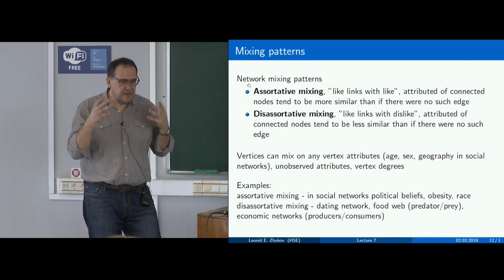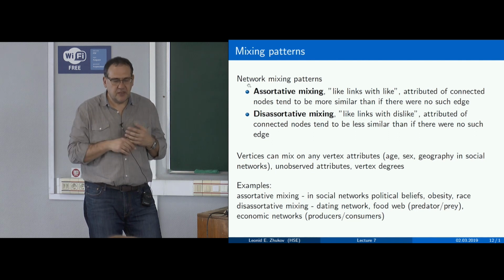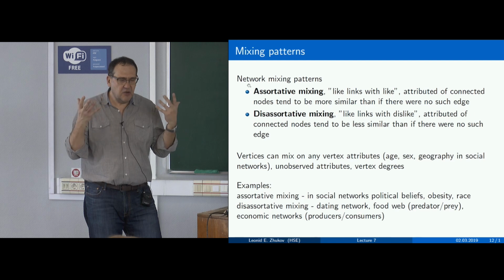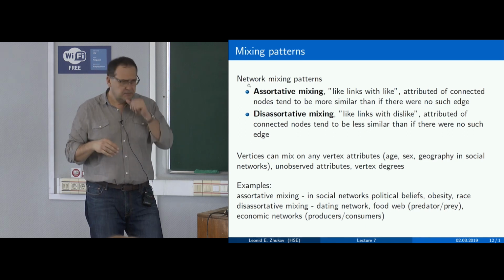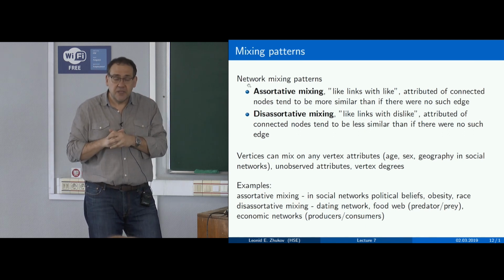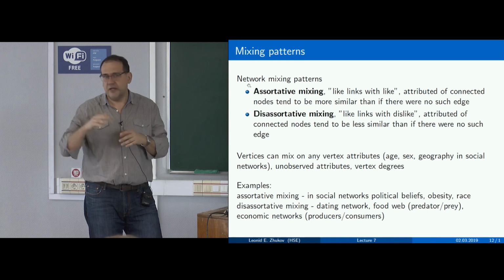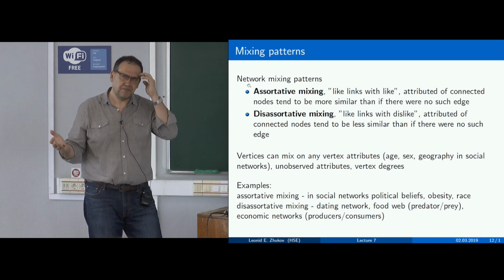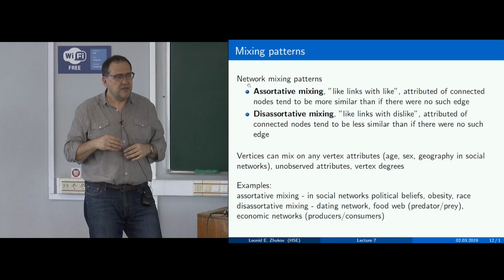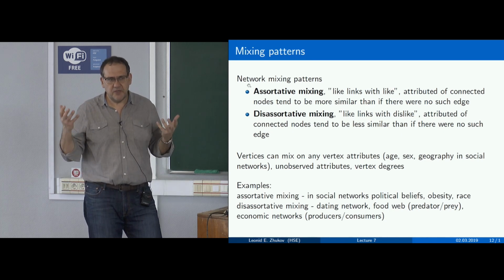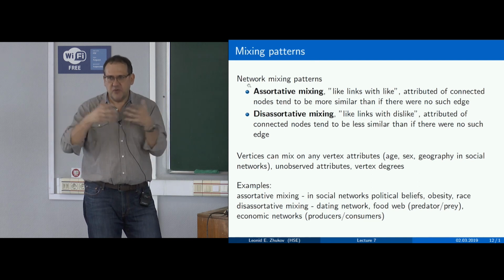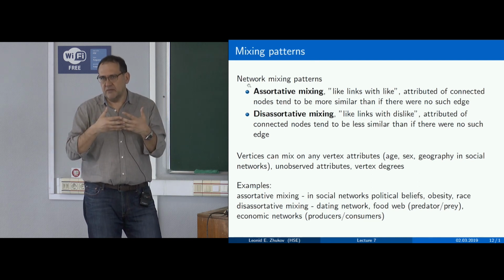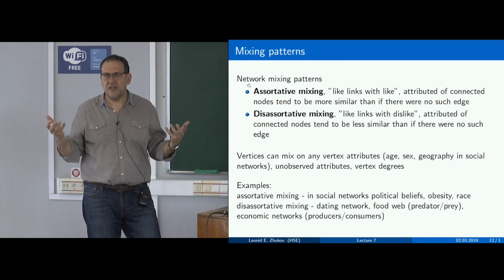If we look at networks, for example social networks or any other networks, and the nodes have some attributes associated with them, for example age or gender, if we talk about social networks, or income, if we talk about professional networks, then quite often within social networks, people with similar attributes connect with each other more often than with different attributes.